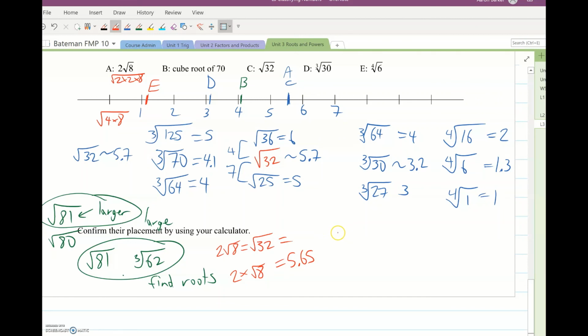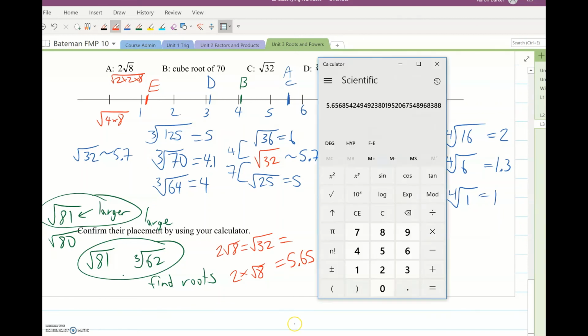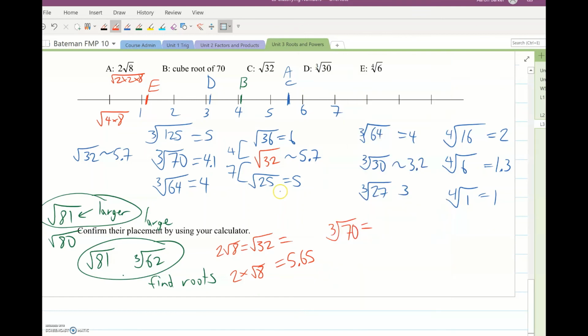All right, then let's go cube root 70. Cube root 70 on the calculator. So don't use your cheating button. Use the one that does all of them. So for me, I go 70 and then my index. Some people have to hit their index first, 4.1.